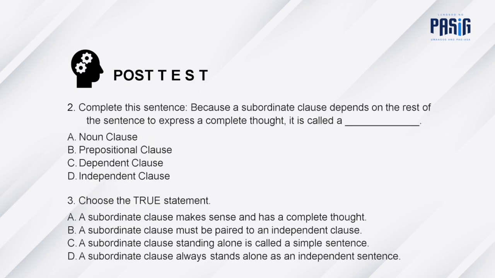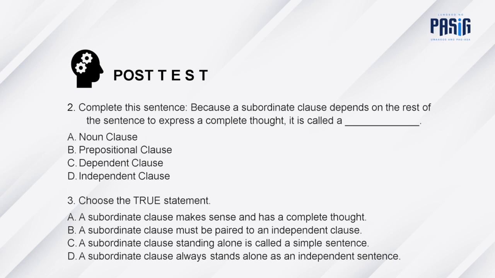Number 2. Complete this sentence. Because a subordinate clause depends on the rest of the sentence to express a complete thought, it is called a letter A. Noun clause. B. Prepositional clause. C. Dependent clause. Or D. Independent clause. Number 3.